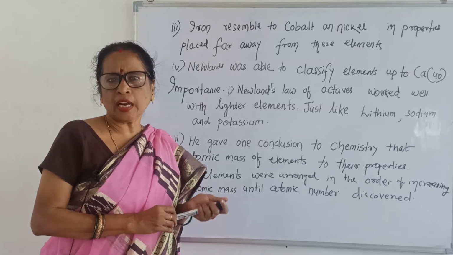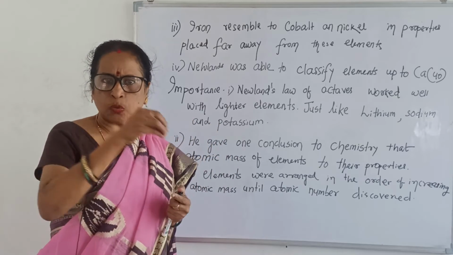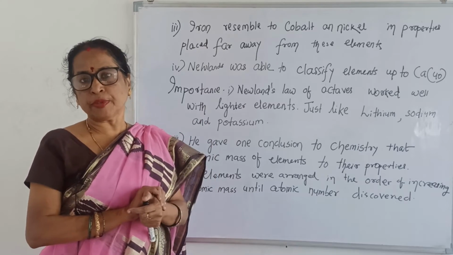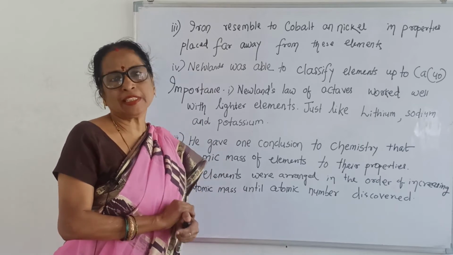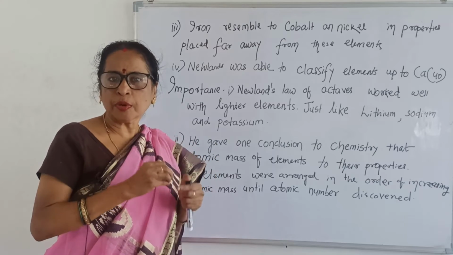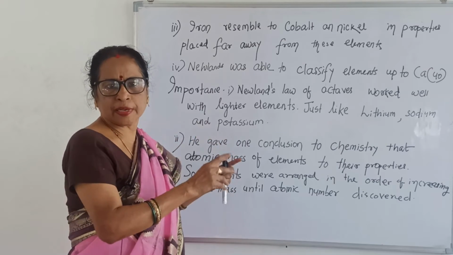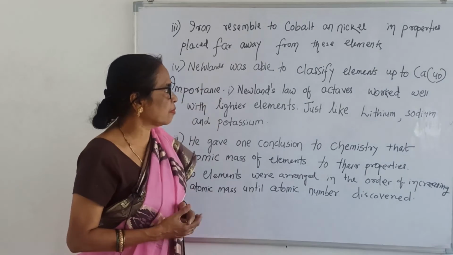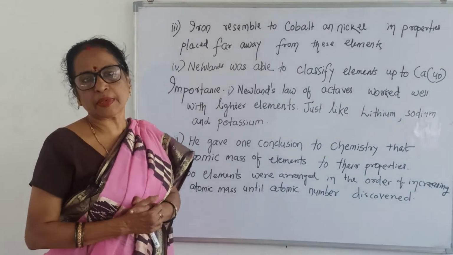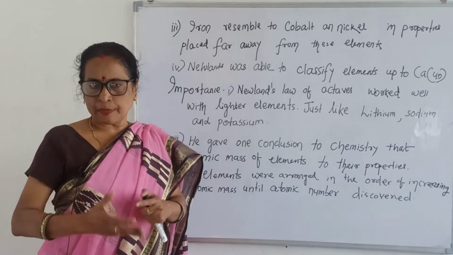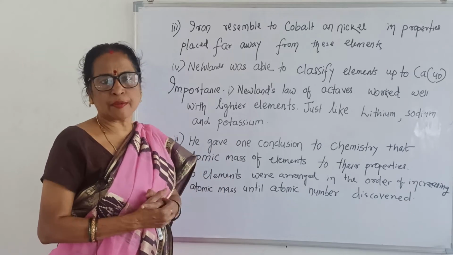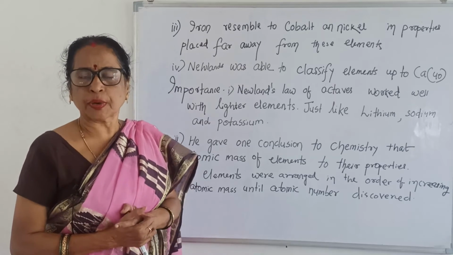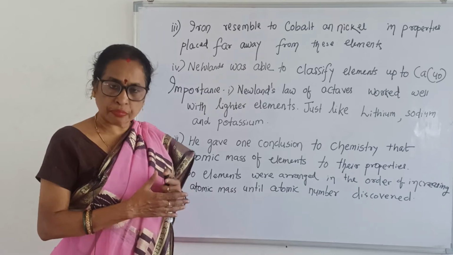Newland said many positive things towards periodic classification. Though it is not suitable for almost all elements, he proved that after 8 elements, the next is similar to the first one. Newland's law of octaves works well with lighter elements. What are the lighter elements? In the periodic table, group 1 elements: hydrogen, lithium, sodium, potassium, rubidium, cesium, francium.